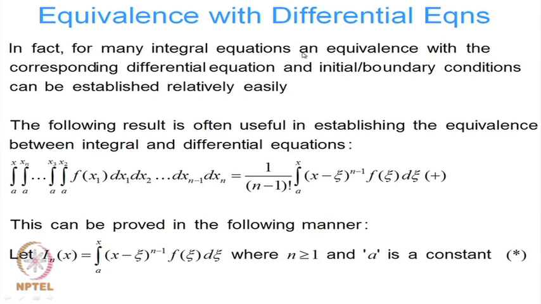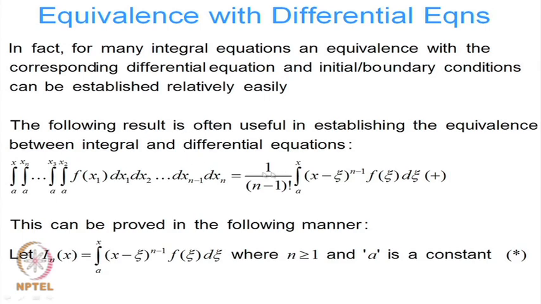Only thing is that the integral equation not only incorporates the information that is carried by the differential equation, it incorporates the boundary and initial conditions as well. So for many integral equations, an equivalence with the corresponding differential equation and initial and boundary conditions can be established relatively easily. But in order to do that, we have to look at a little bit of formalism.